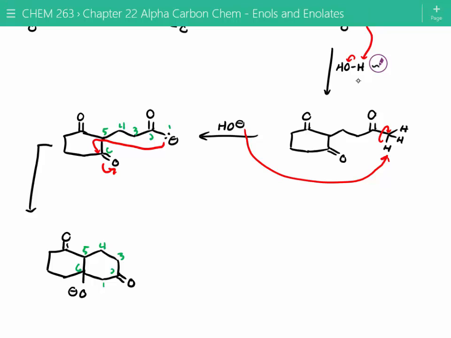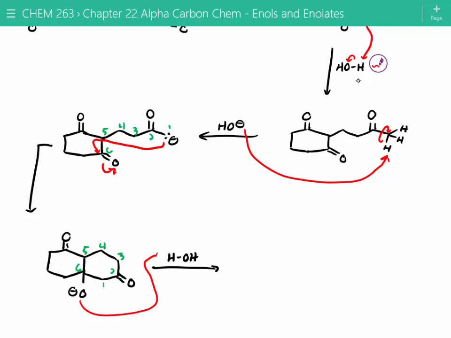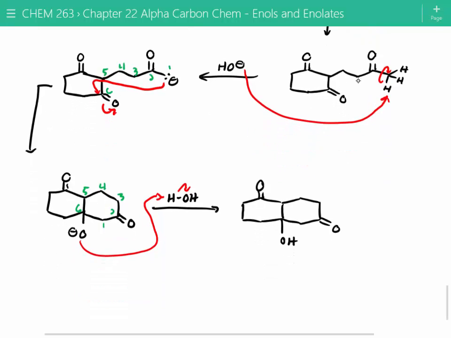And then we've also got water floating around. So this alkoxide will quickly get protonated. And now we've got our alcohol.